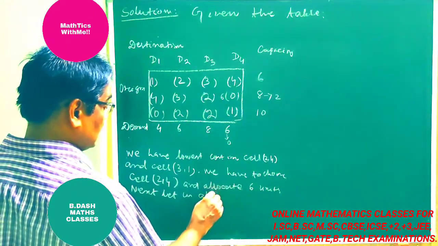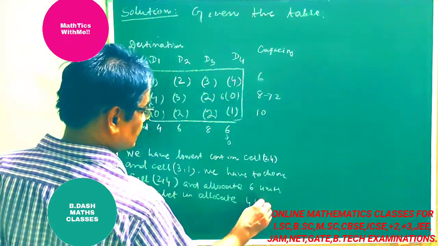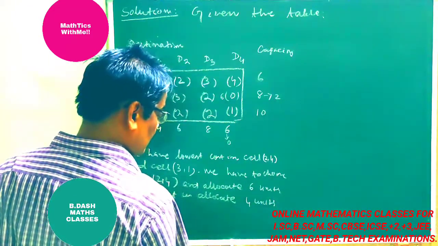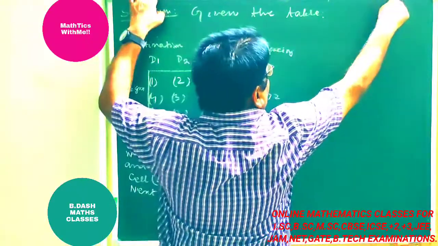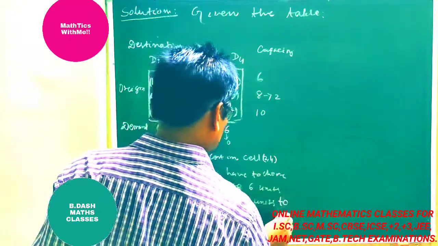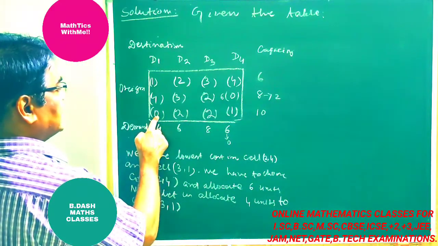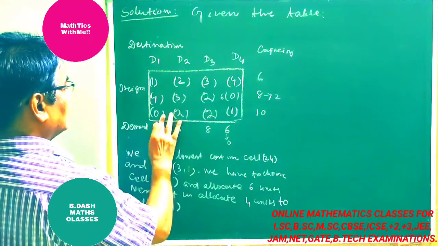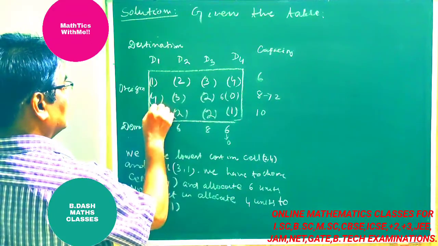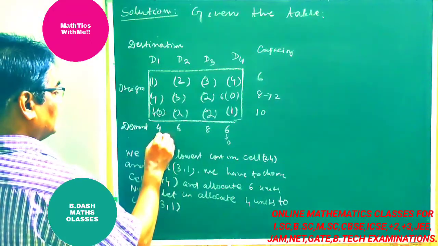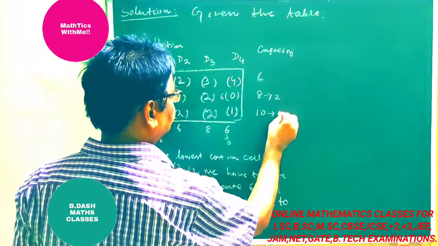Let us allocate 4 units to cell 3,1. So this is exhausted, and here we are left with 6 units only.